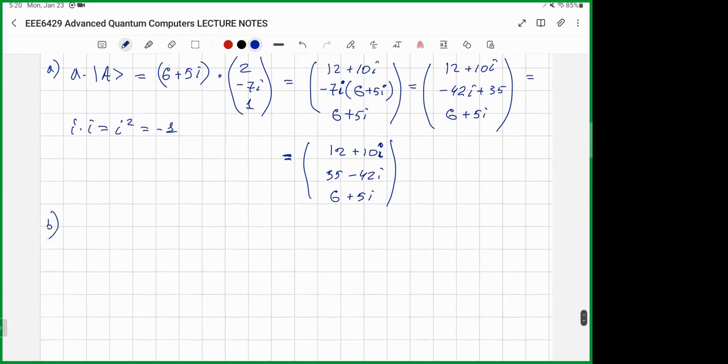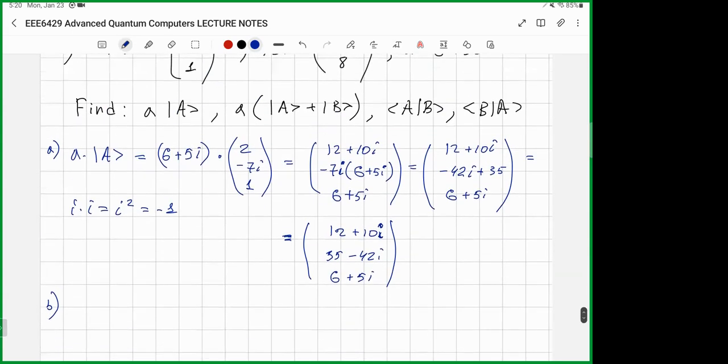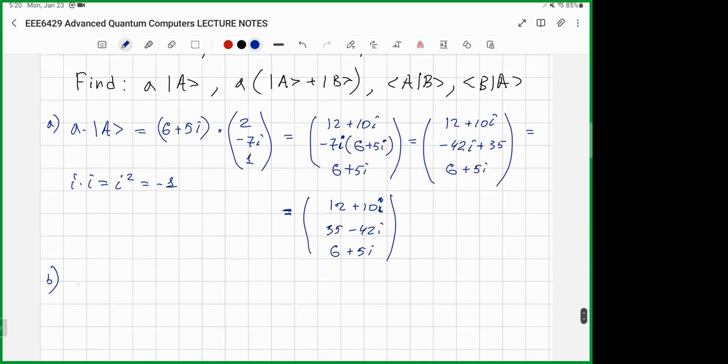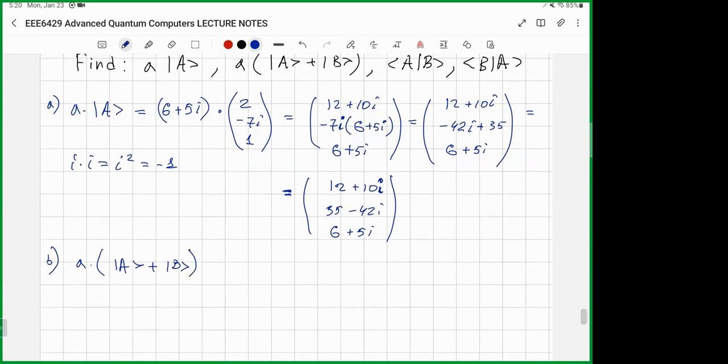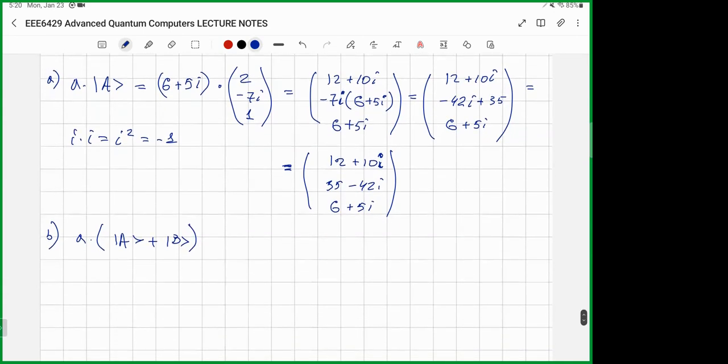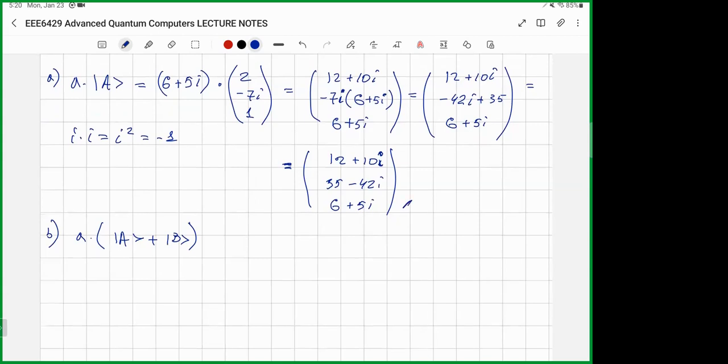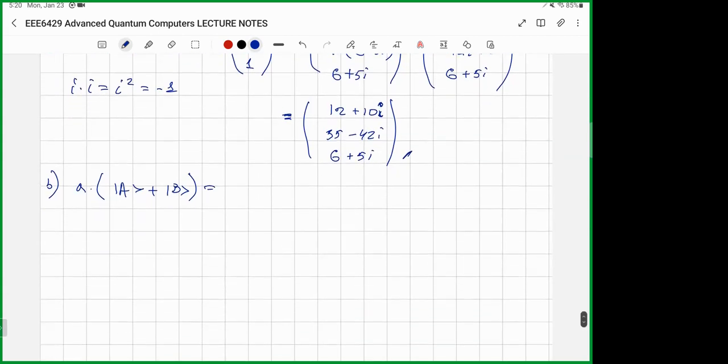The second one: the problem is to find a times the vector A plus B, right? We just found a times vector A, so we need to find the product of a times vector B. So it is 6 plus 5i times vector B, which is 1 plus 3i, 4, 8.